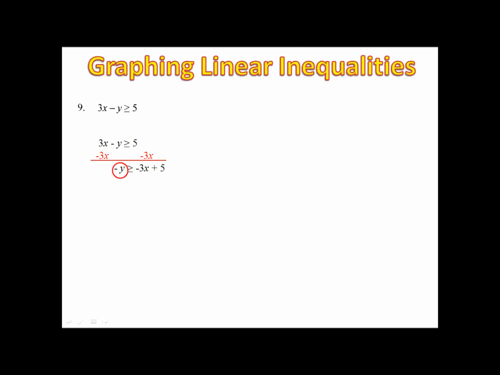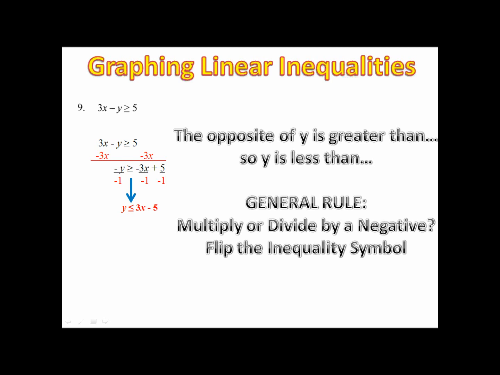I have to divide everything by negative 1. That gives me y, positive 3x, and negative 5. But notice something strange, kind of special happened here. We had a greater than or equal to symbol, and it changed to a less than or equal to symbol. Think about what this means. If the opposite of y is greater than, then y must be less than.